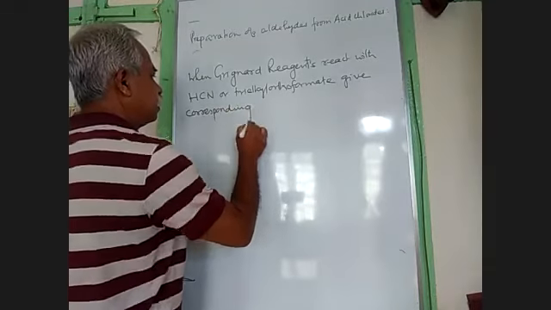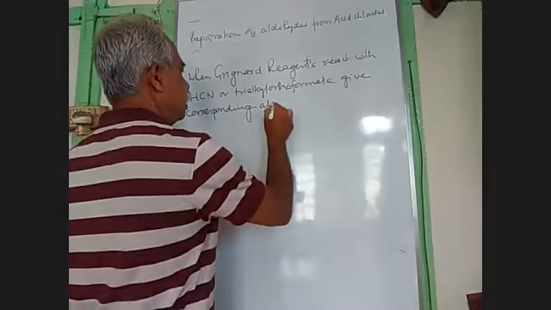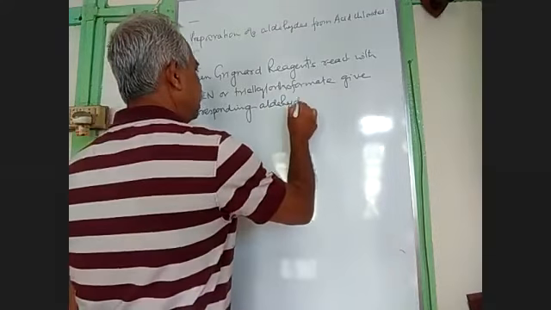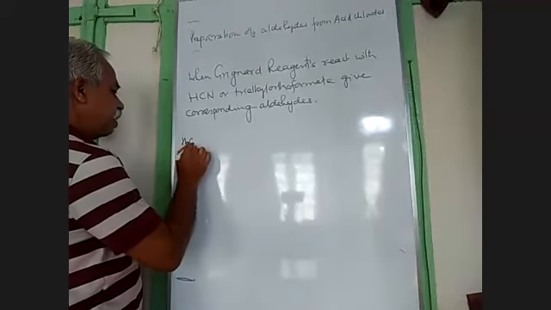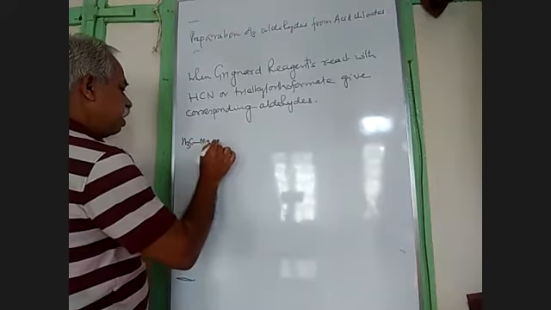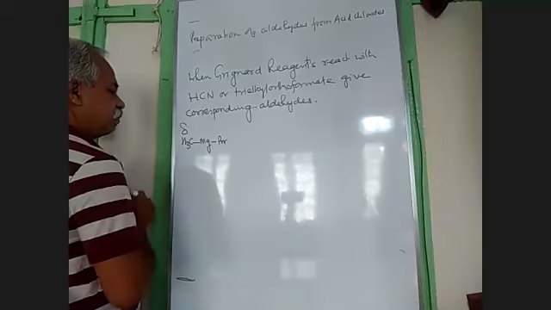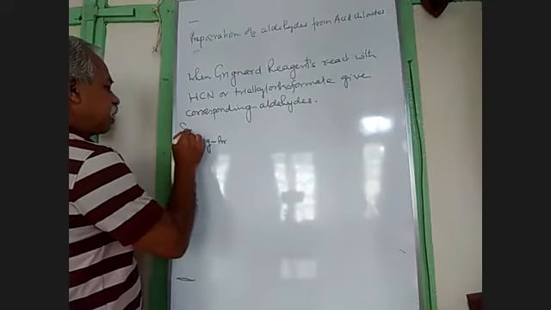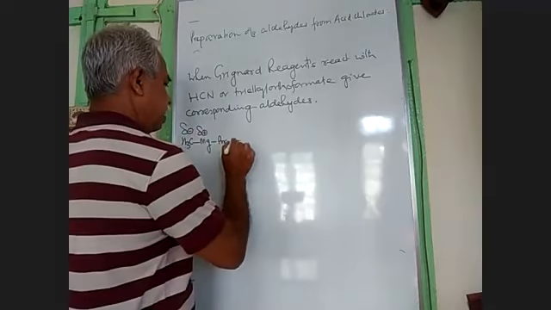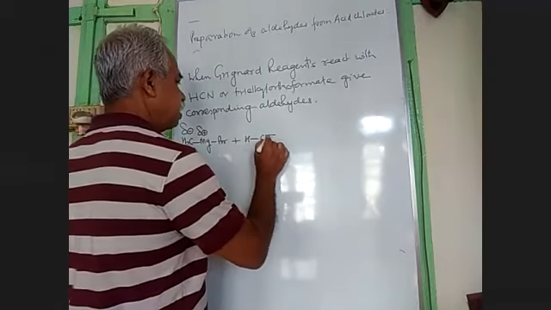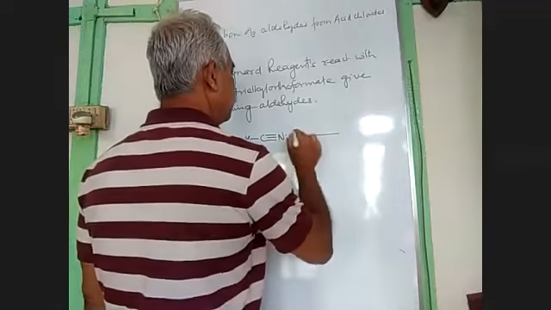Otherwise, you will feel that aldehyde cannot be made. Say I have taken here methyl magnesium bromide. I told you, the moment it forms Grignard reagent, the alkyl groups become electron rich because metals are electron deficient. And this is hydrogen cyanide. Okay. Now dry ether.